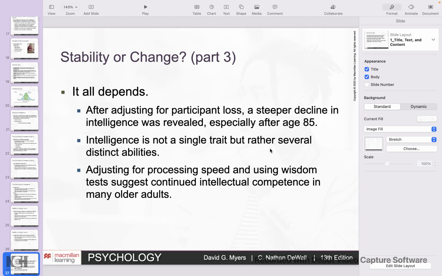And then also we notice when you adjust for processing speed or you use wisdom tests, that might actually suggest that some of the intellectual competence in older people has not so much to do with how fast we process information, but how much information we've actually stored and processed over our lives. I guess the saying is true, with age comes wisdom.